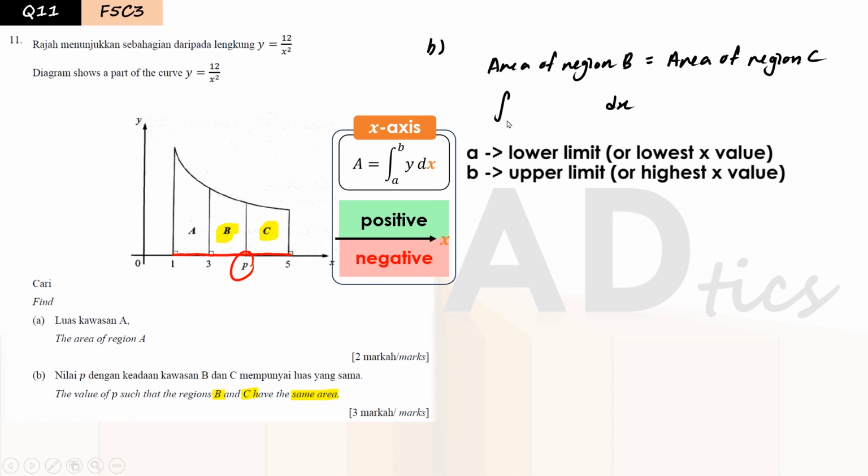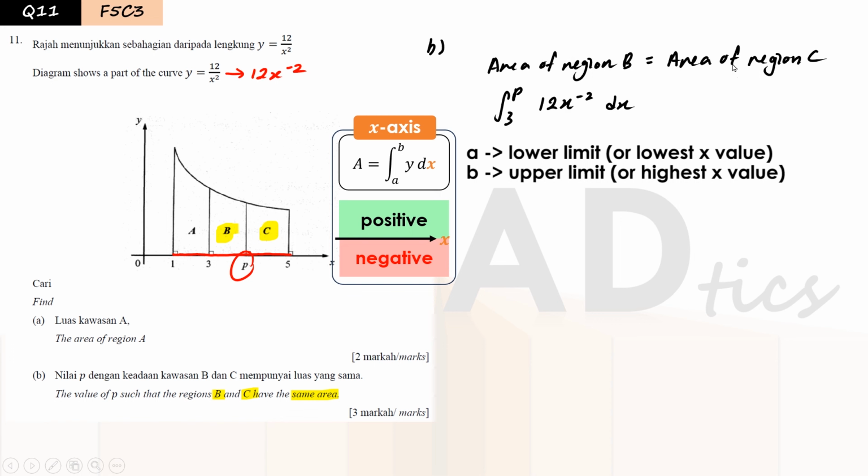The lower limit and the upper limit would be the smallest x value and the highest x value for region B. The smallest x value here would be 3 and the highest x value would be P. For the thing inside the integral, we are going to use the curve equation, which we have adjusted already, which is 12x to the power of negative 2.